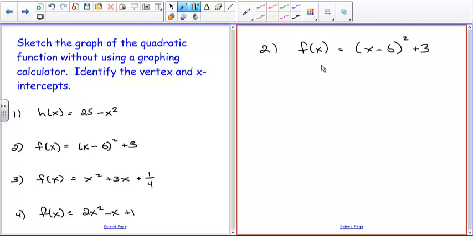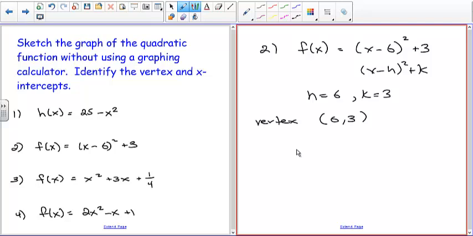Okay, so the vertex. Well, this is in standard form: x minus h squared plus k. So h is equal to 6. k is equal to 3. So the coordinates of the vertex are 6, 3.